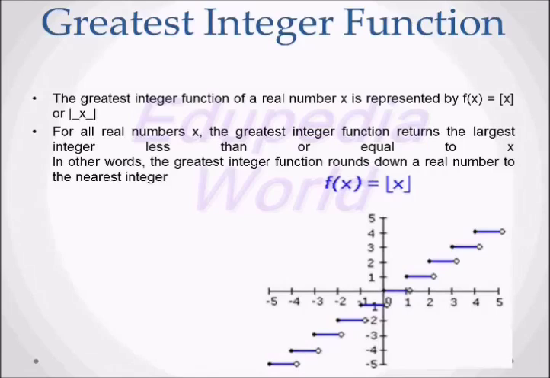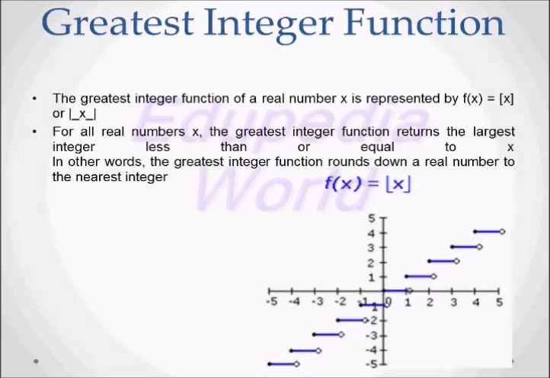In other words, the greatest integer function rounds down a real number to the nearest integer. The graph looks like a staircase, that is, a series of steps. So, the greatest integer function is sometimes also called the step function.